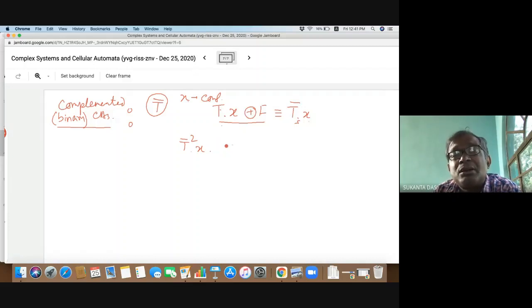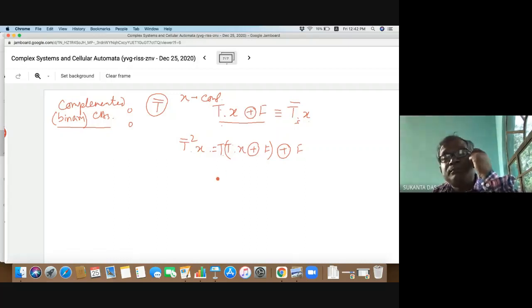So this means T into X XOR F. This is my new configuration. I have to multiply this with T, then XOR F. This is the meaning of this one, right?